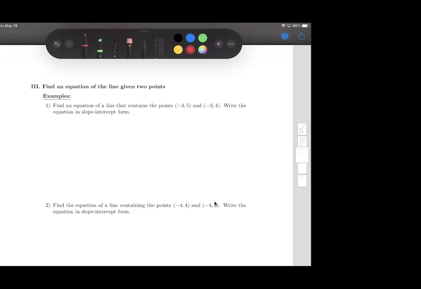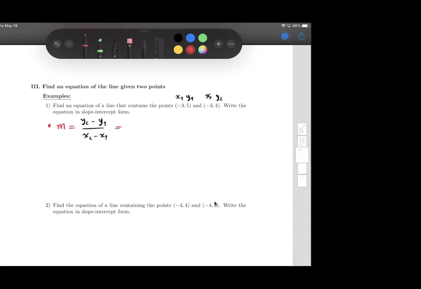First of all, I need the slope. I give you 2 points, so according to the slope definition, you can find m. So m equals y2 minus y1 over x2 minus x1, where here is x1, y1, x2, y2.